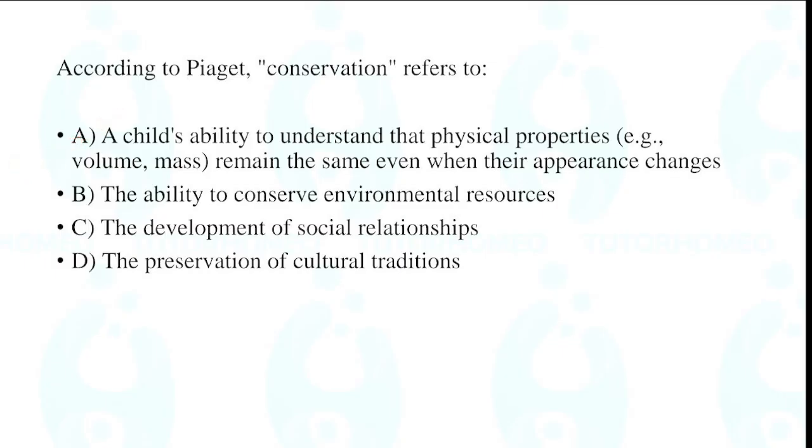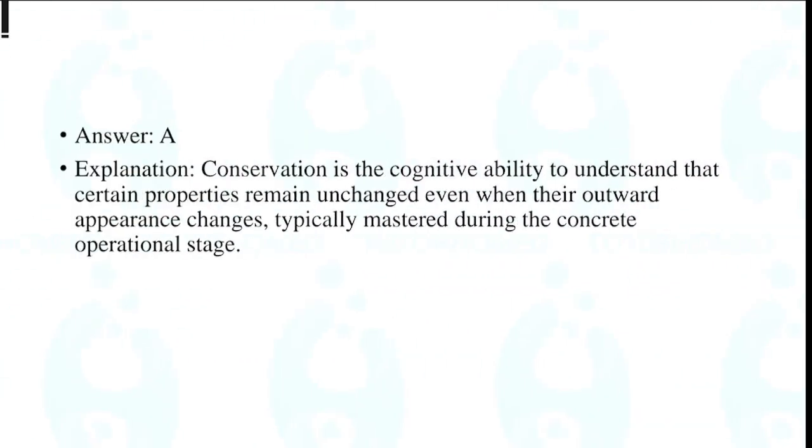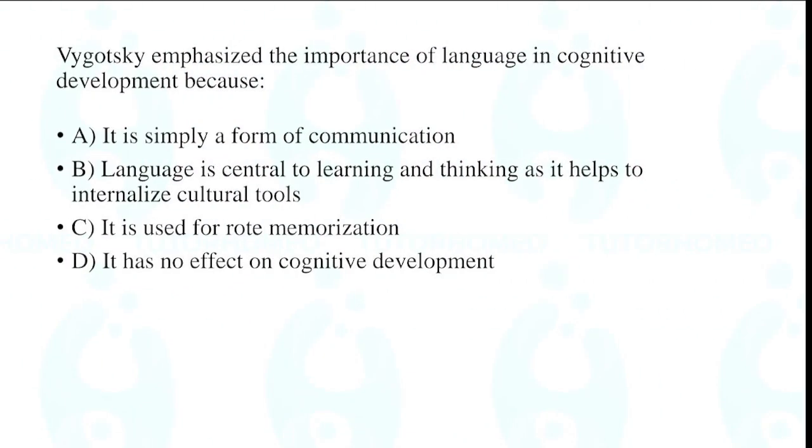Answer is A. So the next question, let us see. Vygotsky emphasized the importance of language in cognitive development because, why have they emphasized it? Is it because it is simply a form of communication? Language is central to learning and thinking as it helps to internalize cultural tools. It is used for rote memorization and it has no effect on cognitive development.